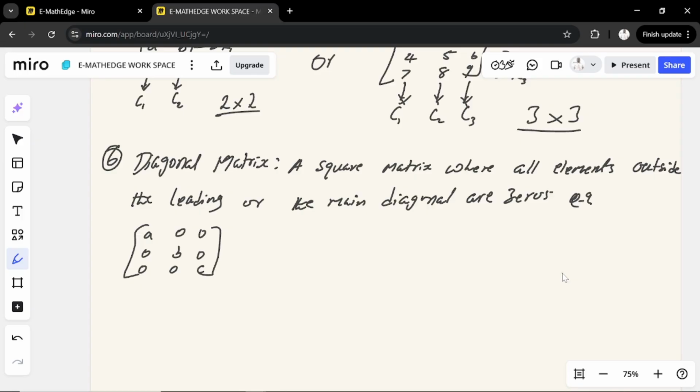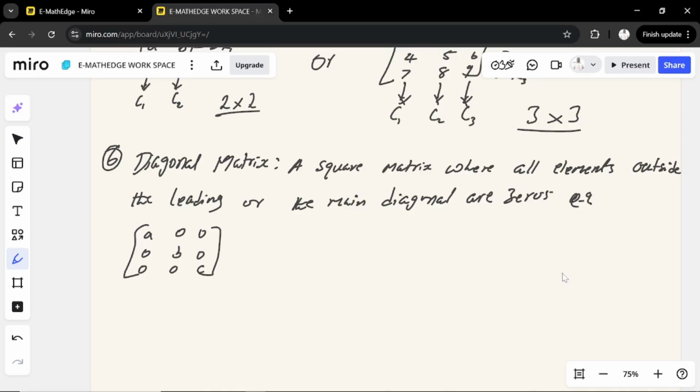Mind you, a diagonal matrix is a square matrix, so it must be a square matrix, either 2 by 2, 3 by 3, or any other form that must have the same number of rows and columns as well.